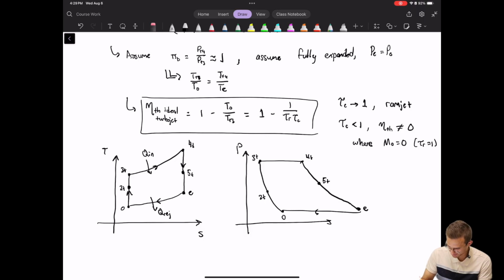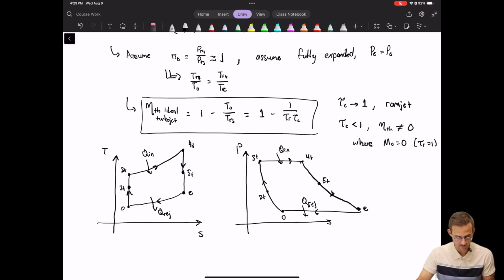And then that's where you get your Q rejected and your input Q there, where your burner is. Okay, so we're assuming that the stagnation pressure is remaining constant across the burner. You can see that there, for example. Okay, so that is a little bit of the thermodynamics of the ideal turbojet.